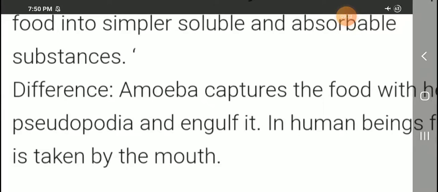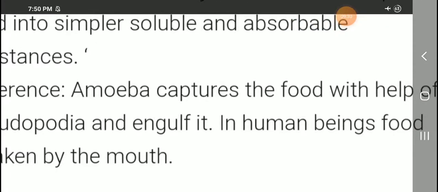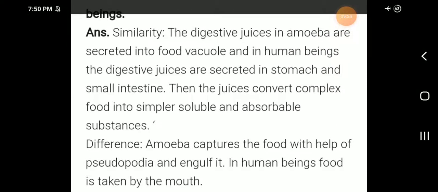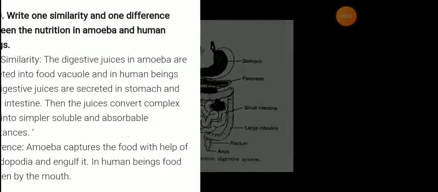What is the main function of pseudopodia? The main function of pseudopodia is movement, moving from one place to another. In human beings, the food is taken in by the mouth. That is the main difference between amoeba and humans.